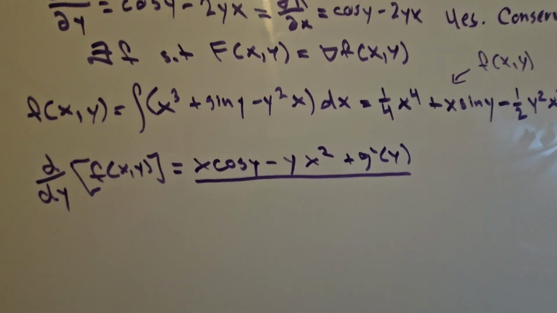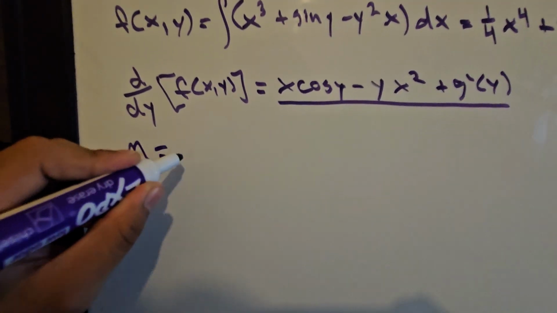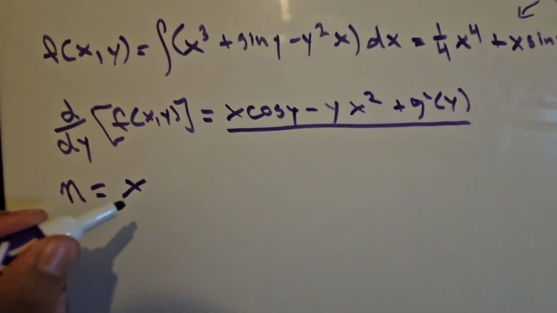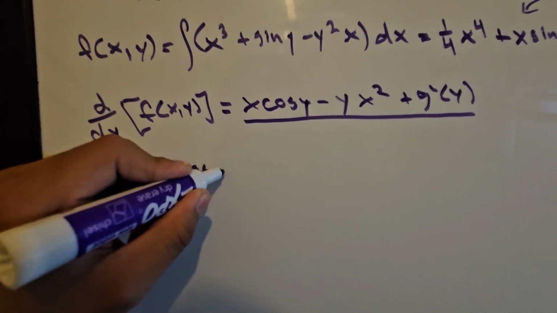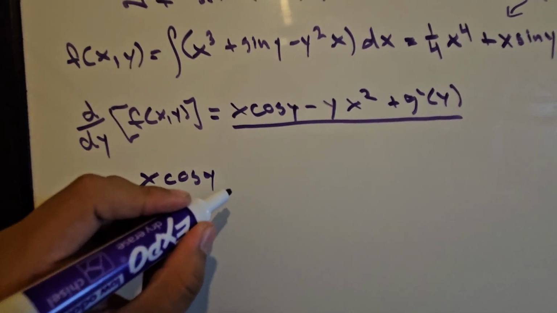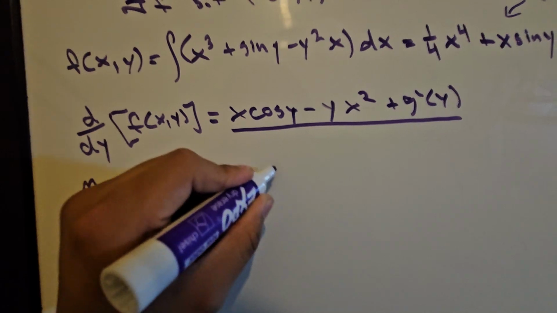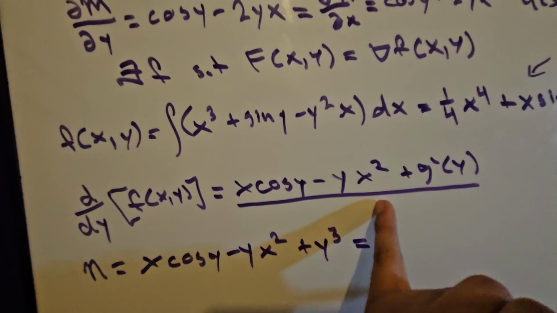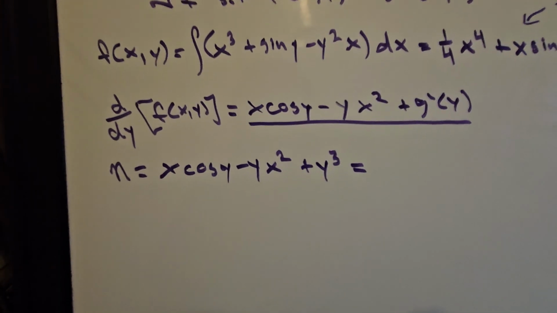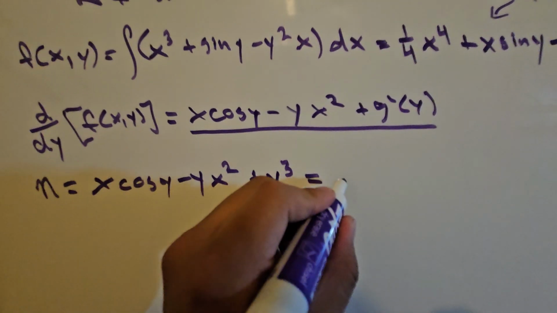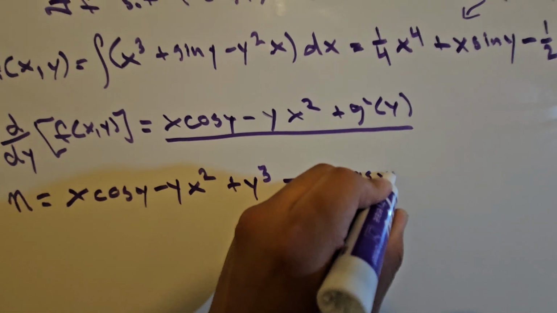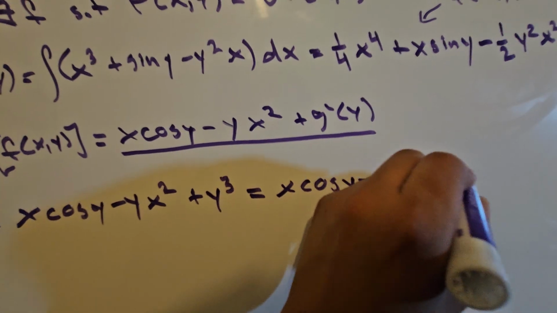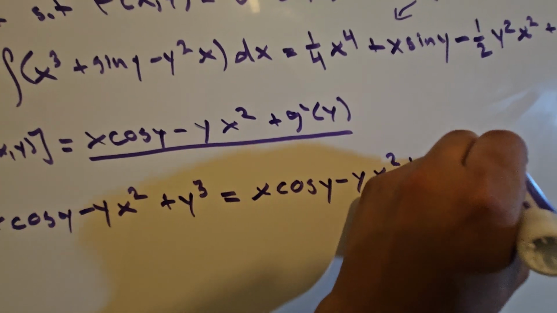N is x cosine y minus y x squared plus y cubed, and that is equal to what we just calculated, x cosine y minus y x squared plus g prime of y.